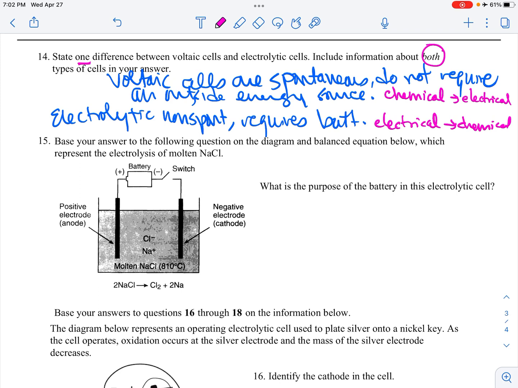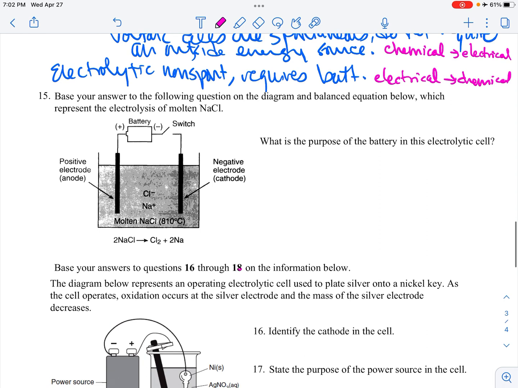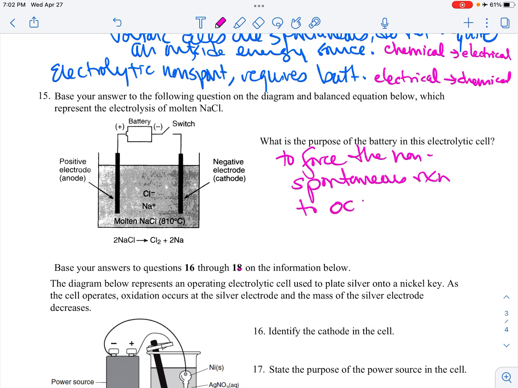And also only one. Don't write both the blue and the pink. Just one, okay? Base your answer to the following. You've got all this stuff going on. It says, what is the purpose of the battery in this electrolytic cell? To force the non-spontaneous reaction to occur.